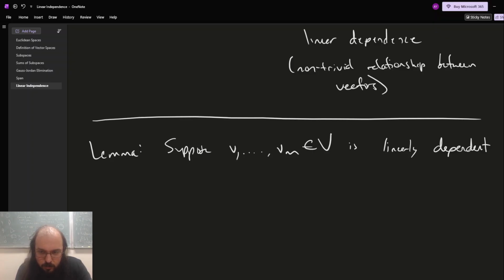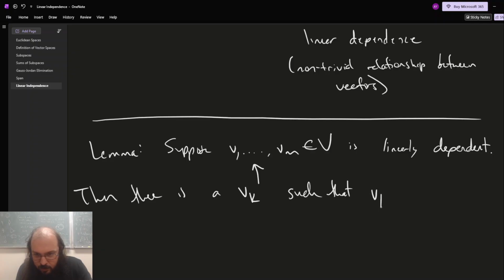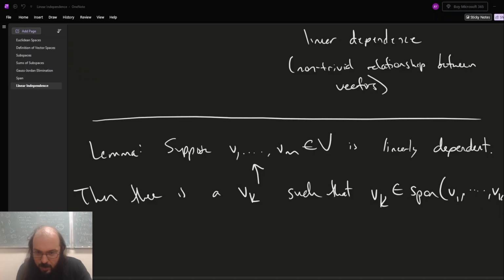Then there is a VK in the list, among them, such that VK can be written as in the span of all the others. The way that we denote this is we put a little hat on. Oh, sorry, that's actually not the statement of the lemma in Axler. A stronger statement is in the span of VK minus 1.